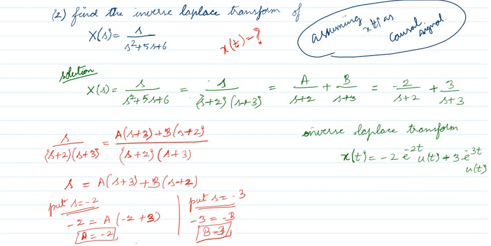Why I am saying this is, another way of writing the answer is with minus u of minus t, which is for a non-causal signal. If it is not given, we assume it is causal. If it is non-causal, we have to write it as u of minus t, here there will be a minus, here there will be a plus. Since we are assuming it is causal, we can take the inverse Laplace transform like this.